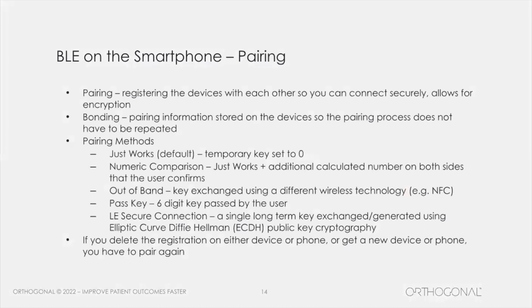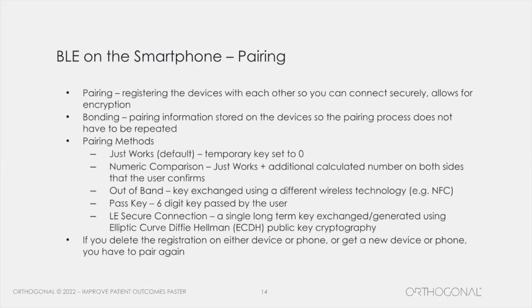Another important concept here for BLE in general, but on the smartphone, is pairing. So pairing is registering the devices with each other so they can connect securely. You need pairing in order to do any kind of encryption. And then bonding is the concept of actually storing that pairing information on the devices so that the pairing process doesn't have to be repeated.